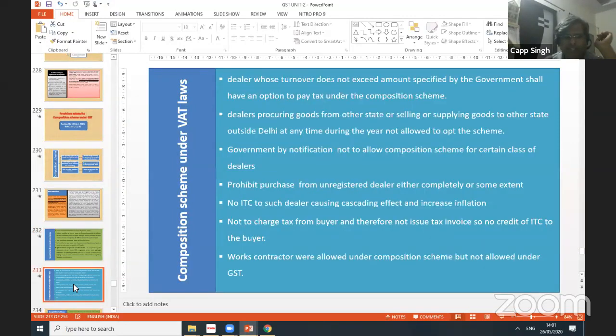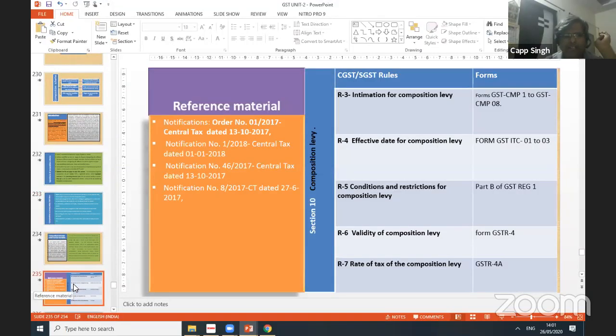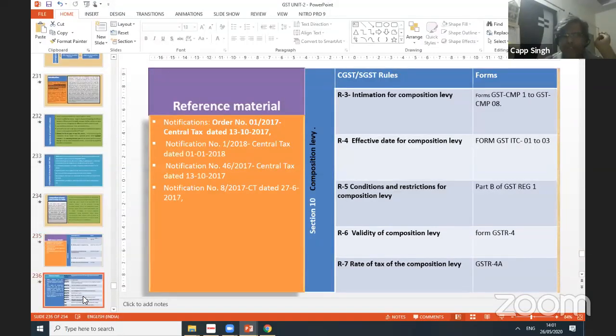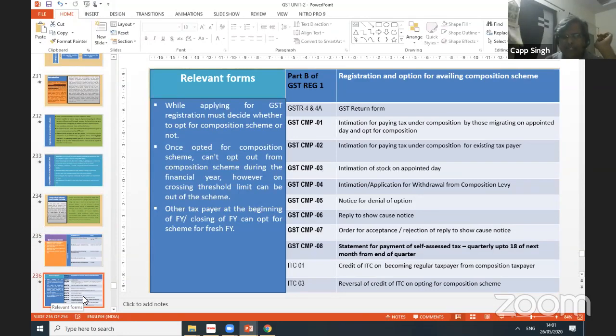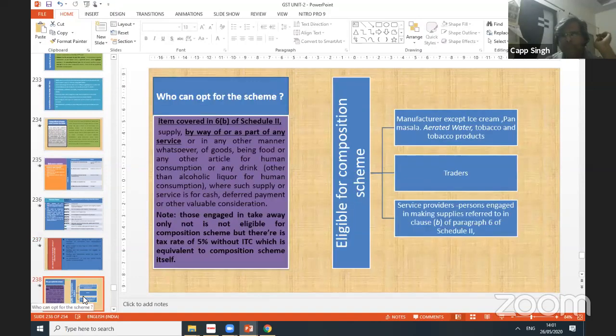Now, the composition scheme generally applies to manufacturers as well as suppliers of services, but supply of services was initially restricted only to restaurant service or hotel service, etc. So only food items were covered.